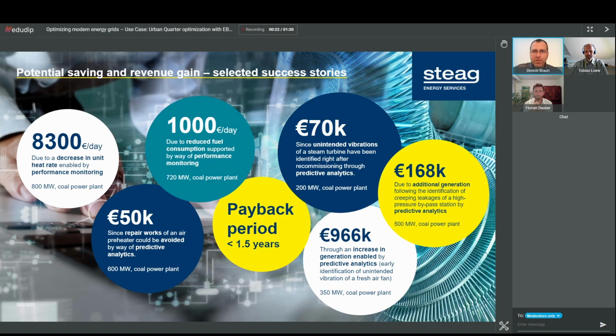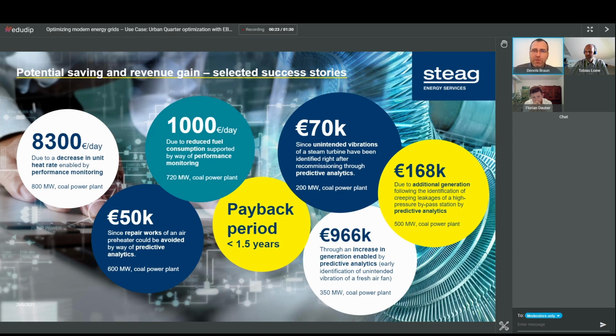I would like to finish that little introduction with a couple of numbers taken from those projects where EBSILON is taking a crucial role in many cases. By finding, for example, unit heat rate optimization in an 800 megawatts coal-fired plant, that first bubble, we save over 8,000 euros per day constantly since it was found, and it wouldn't have been found without such a good tool.